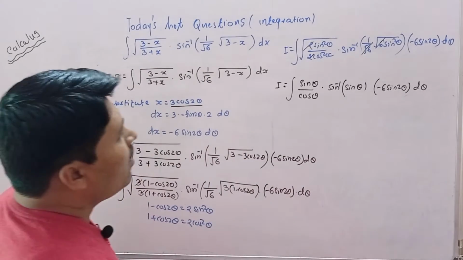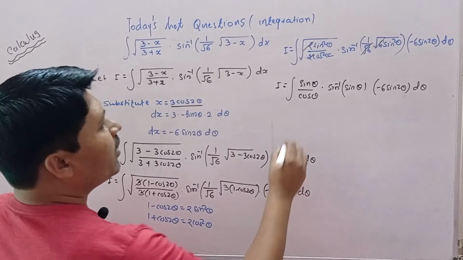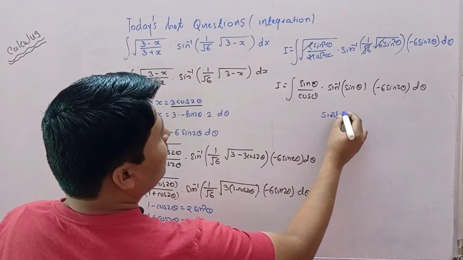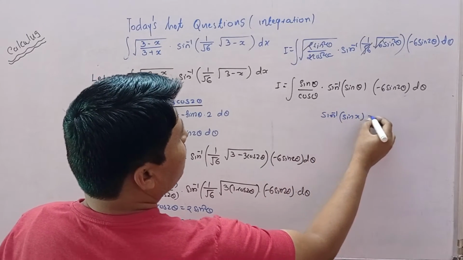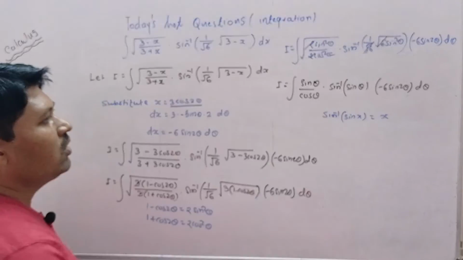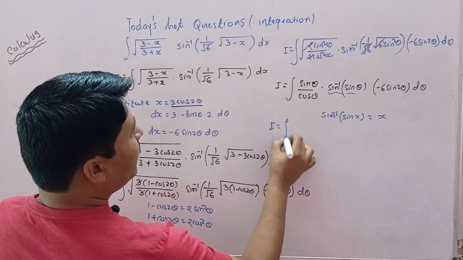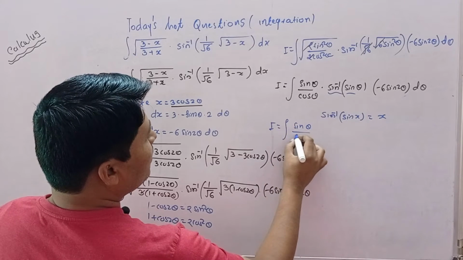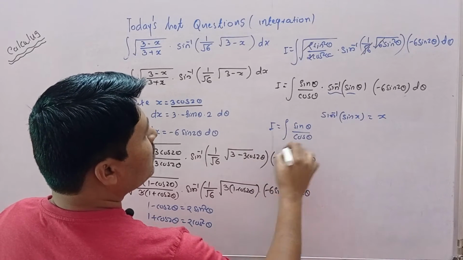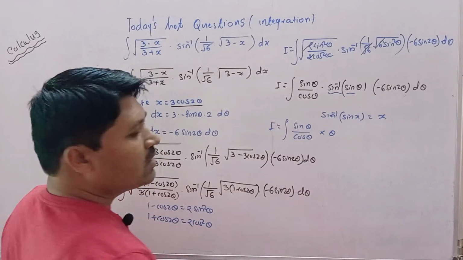Now we know the inverse trigonometry property, sine inverse of sine x is equal to x, therefore this term vanishes, and I is equal to the integration of sine theta divided by cos theta, and only theta.